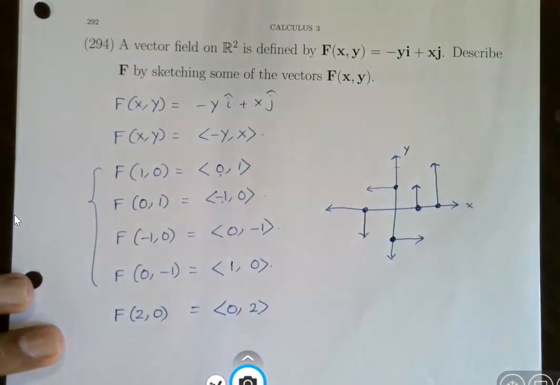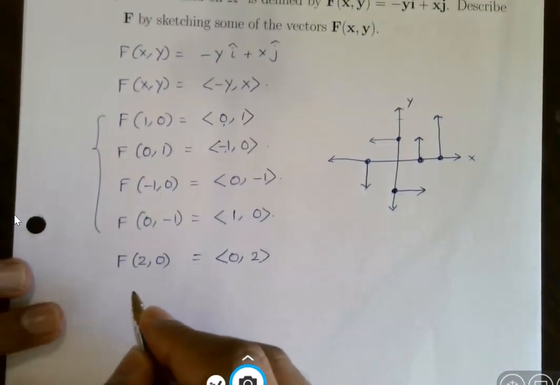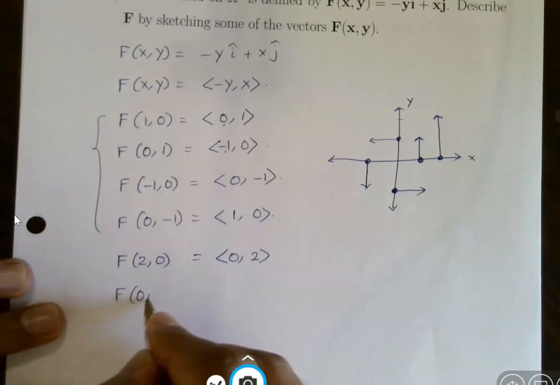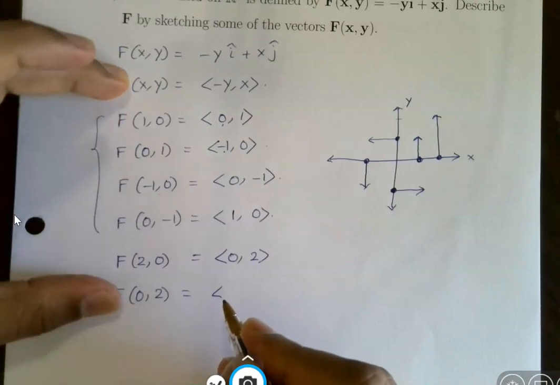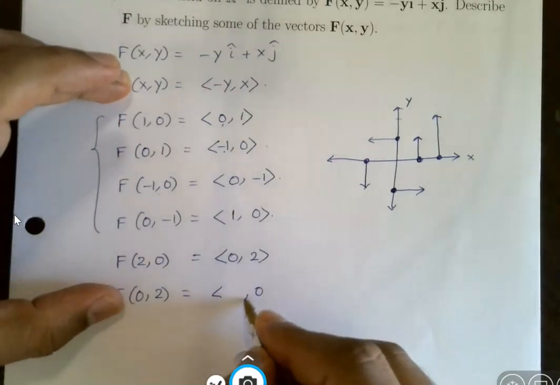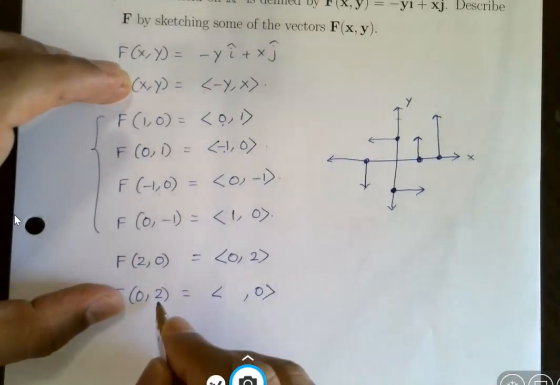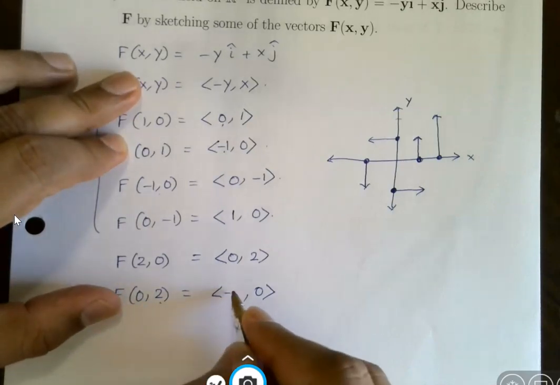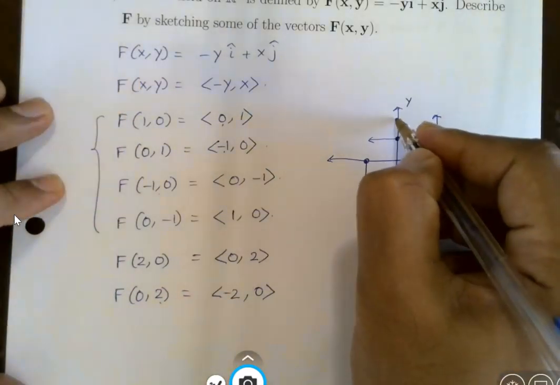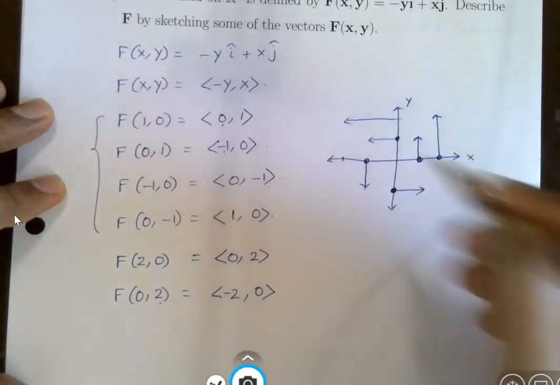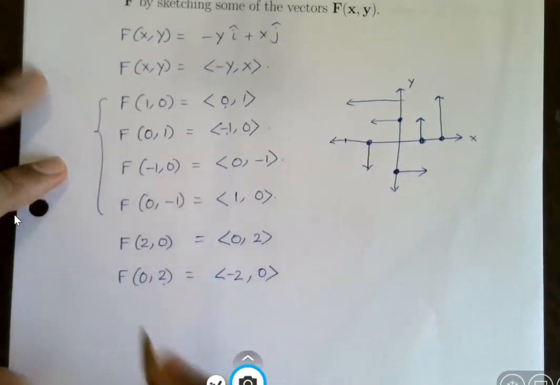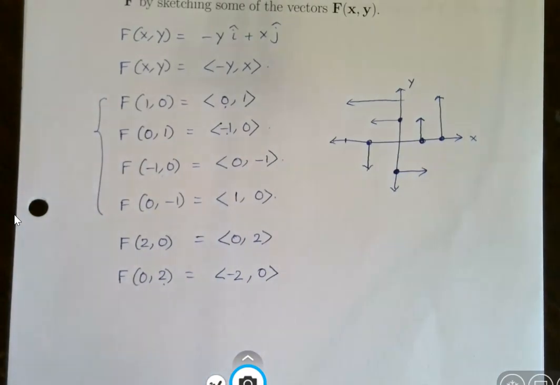So it's getting bigger. Do you see that? Then if you proceed further and pick f of 0, 2, x is 0, so that goes to the second tuple, and y is 2, that's going to be negative 2, 0. So that means here you're going to go there. So this is how you develop the vector field.